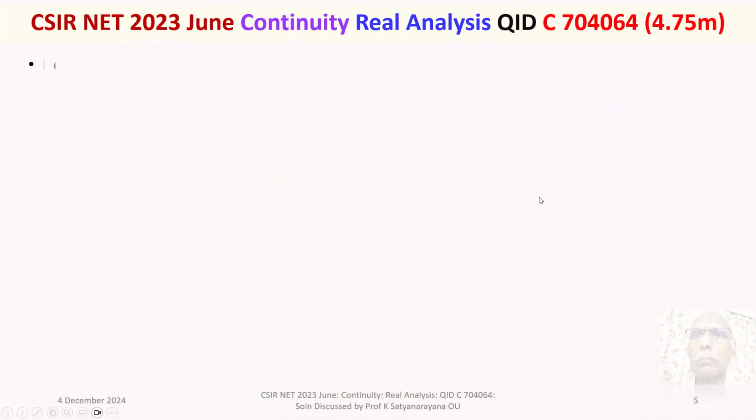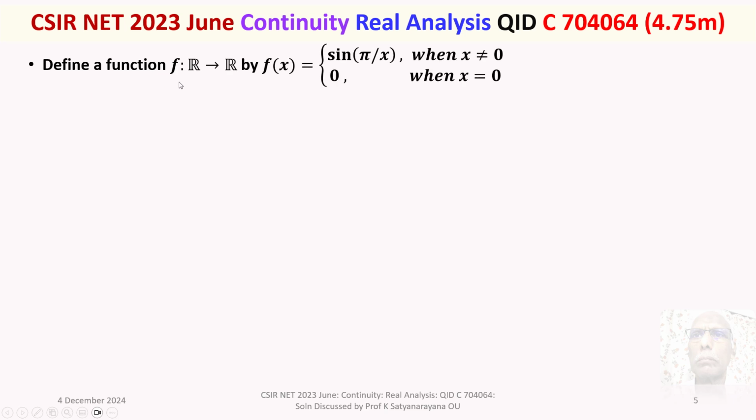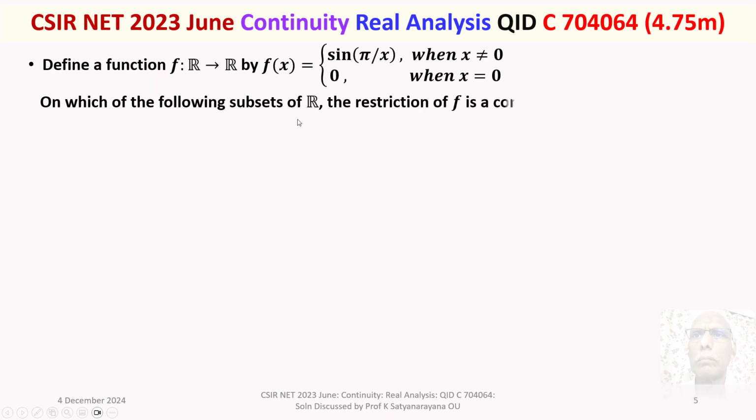Right. The given question is: define a function f from the set of real numbers into itself defined by f of x is equal to sine of pi by x when x is not equal to 0 and is equal to 0 when x is equal to 0. On which of the following subsets of R the restriction of f is a continuous function?